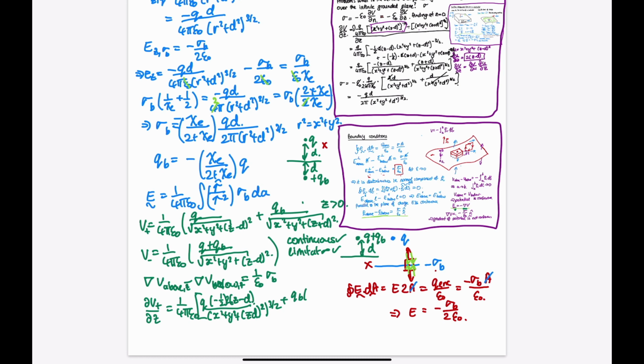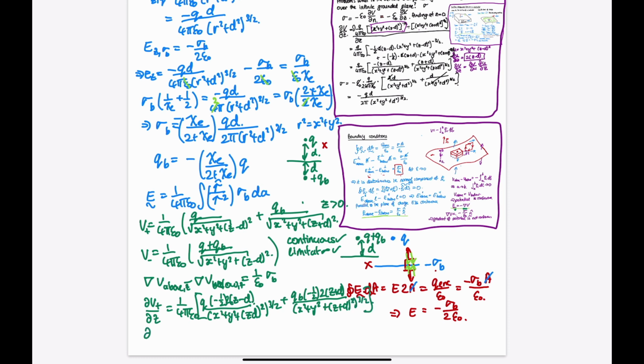And this ends up almost the same thing. We've got the minus a half and then 2, but now we've got the z plus d here. So this is z plus d divided by this. So this is x squared plus y squared plus z plus d squared to the 3 on 2.